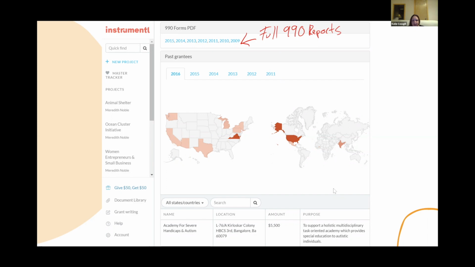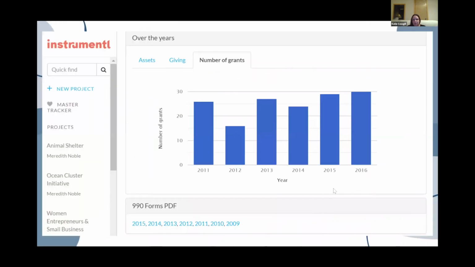This one goes back at least 7 years, which is great. It gives you a really good idea of the typical grant making that this organization does throughout history. Here you can find the number of grants per year and the total giving per year, which you can divide to figure out what the average grant amount is.